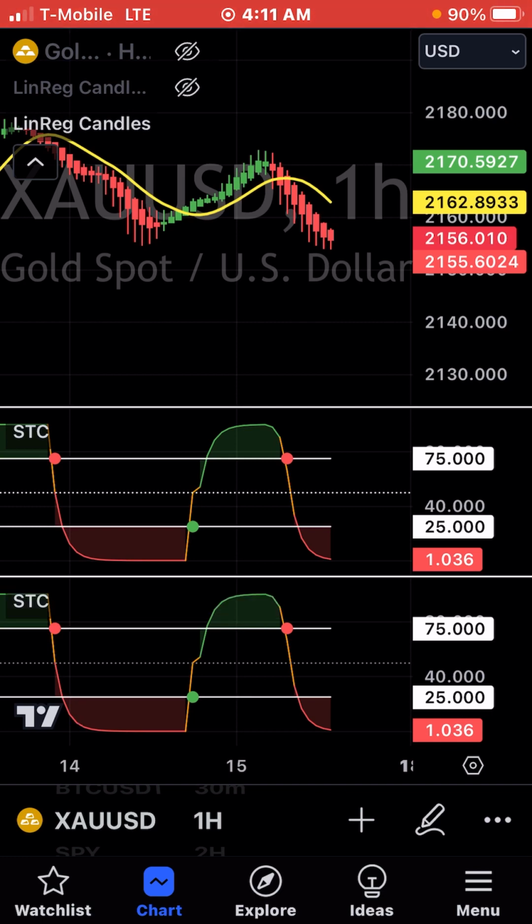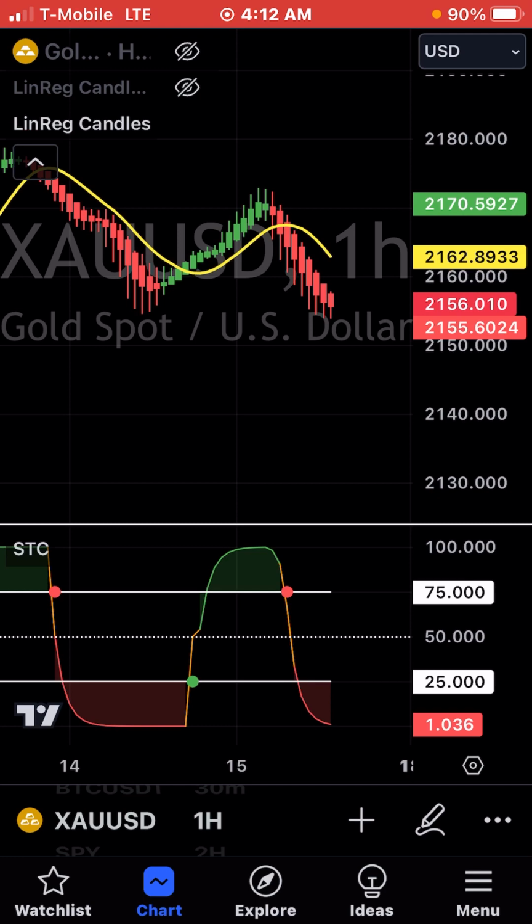I choose to get rid of the middle zone because all my trades are based on what happens at the top and bottom. I don't need anything highlighted in the middle. That is just a distraction. We really just need to pay attention to what is going on at the top and bottom.